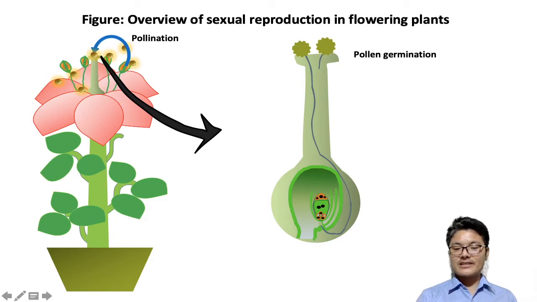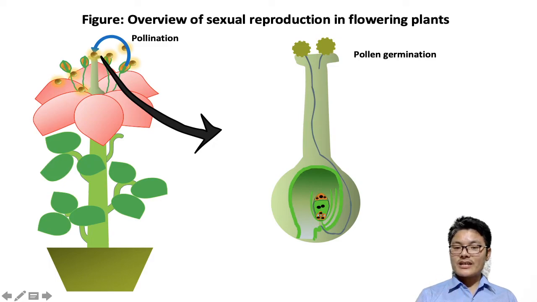We have already seen the diagrammatic representation. The embryo sac has two nuclei inside the central cell, and there are around 7 cells with 8 nuclei in the embryo sac, and we have the egg cell within our embryo sac.